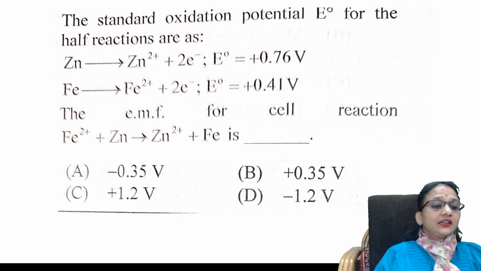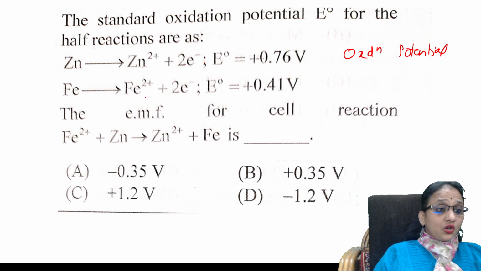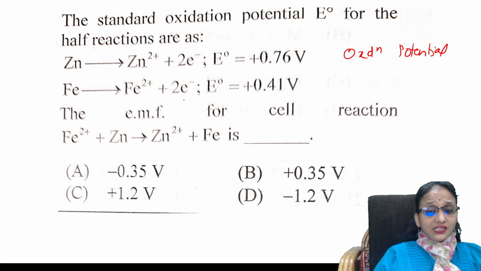Let me do the sum. Right, now check here. First, zinc is losing electrons, so this is oxidation potential. Correct. Now iron also is losing electrons, so this is also oxidation potential only, correct?